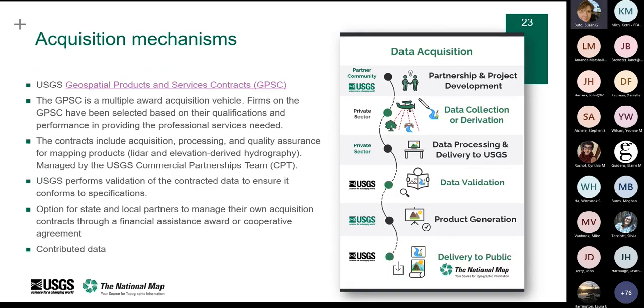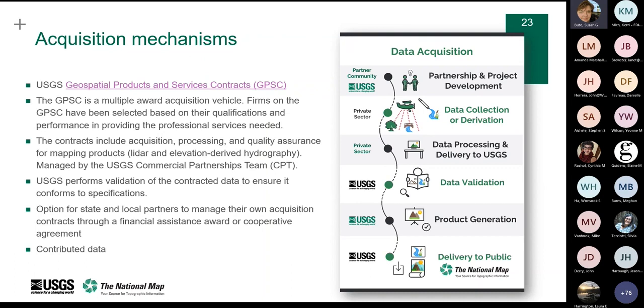So in this new paradigm for data acquisition, as Steve mentioned, we are moving away from the direct editing model that was used previously for the NHD, and moving into a mechanism where we primarily prefer to use our GIPSI, or Geospatial Products and Services Contracts, to do the data collection.